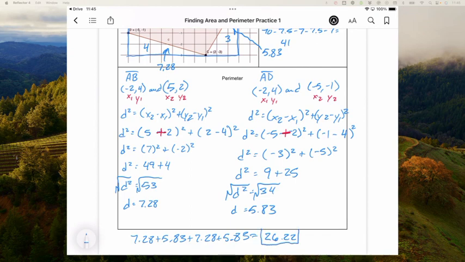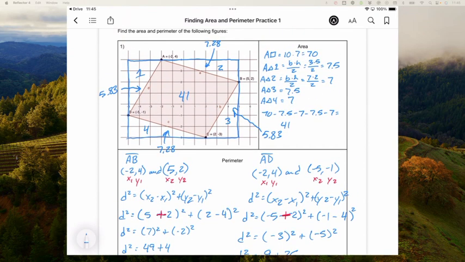So 26.22 is my perimeter. 41 is my area.